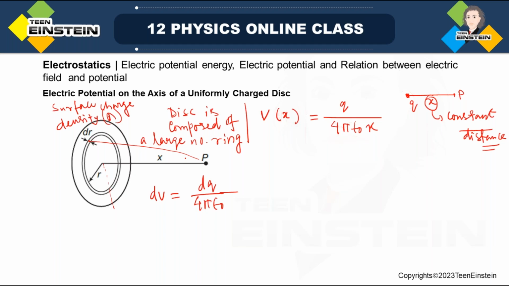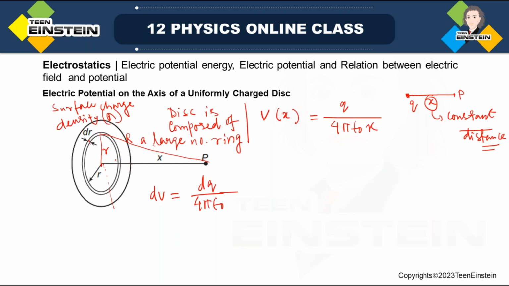So the distance from here to point P, if I draw a solid line, is this. If this distance is x, this is small r, and let us say this is capital R.